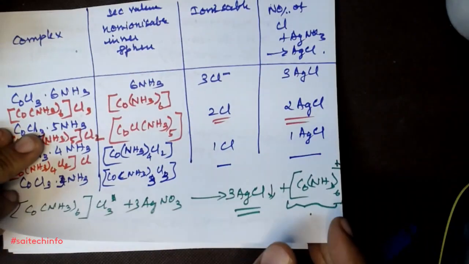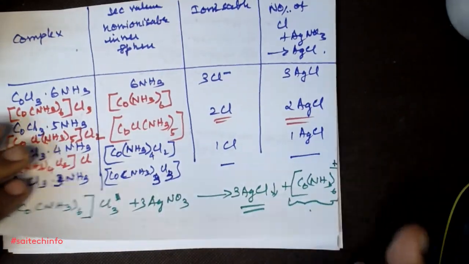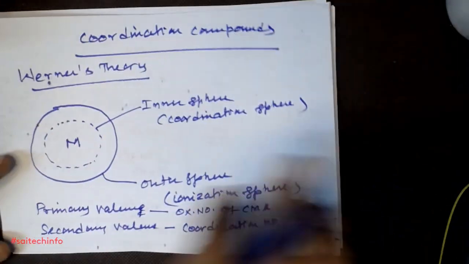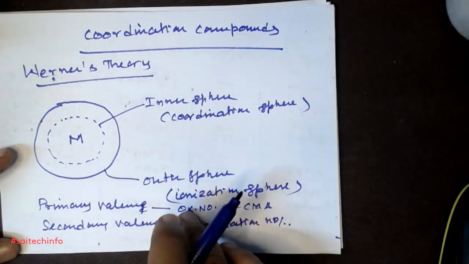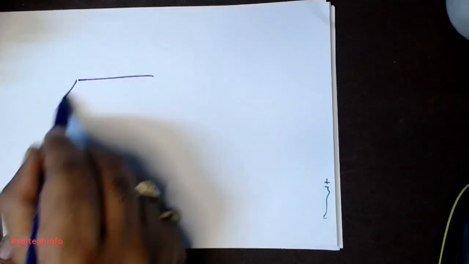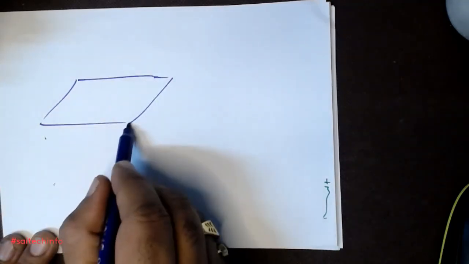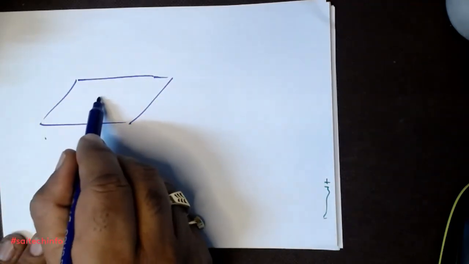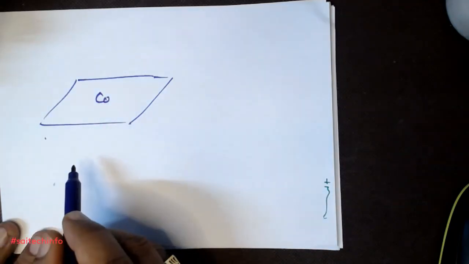Now let me explain about this. I was talking about this inner sphere, outer sphere. Let me explain in a different way. For example, you have the central metal atom and you have the octahedron arrangement. Cobalt is at the center.